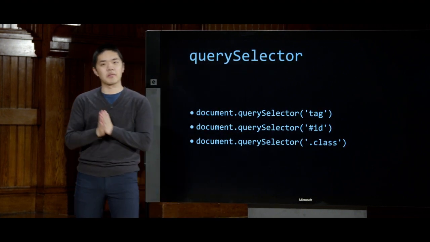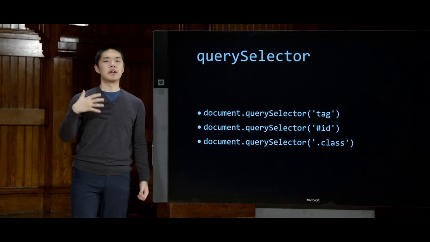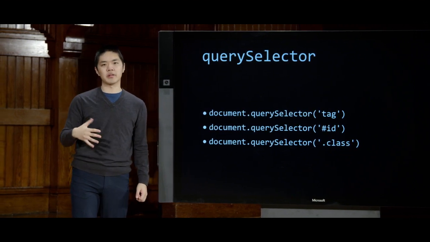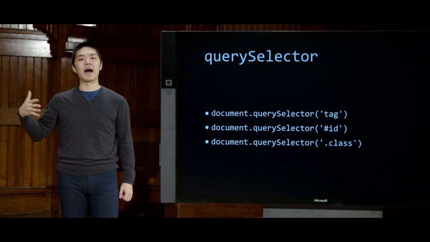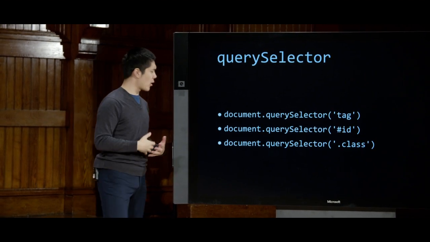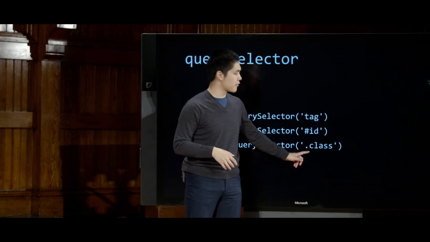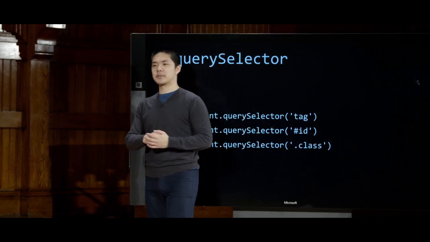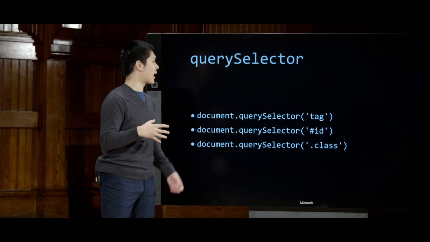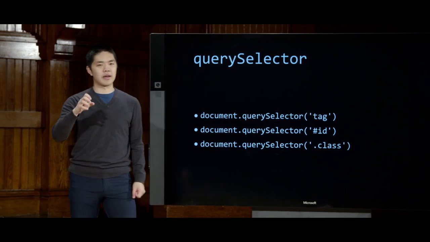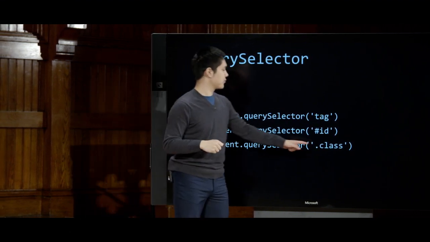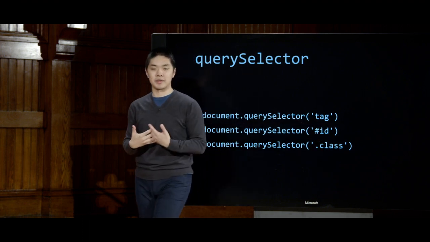Again, using the exact same syntax that CSS uses if I want to apply a particular set of styles to only one element that only has one ID. Likewise, I can say document.querySelector, and then use dot followed by the name of a class if there's a particular class of elements, and I want to just get one of those, to say, get me an element that has this particular class in order to manipulate it as well.